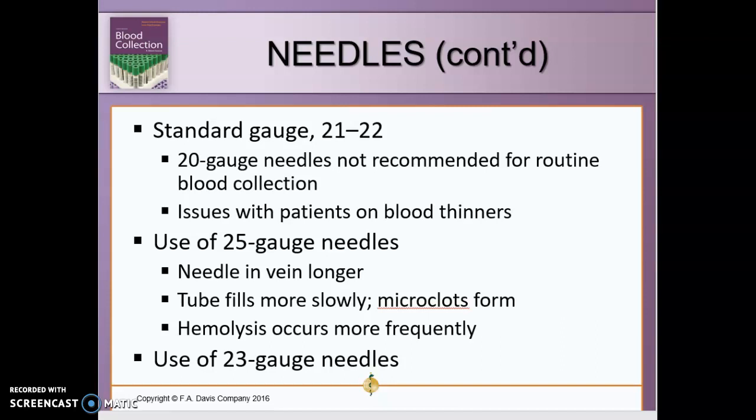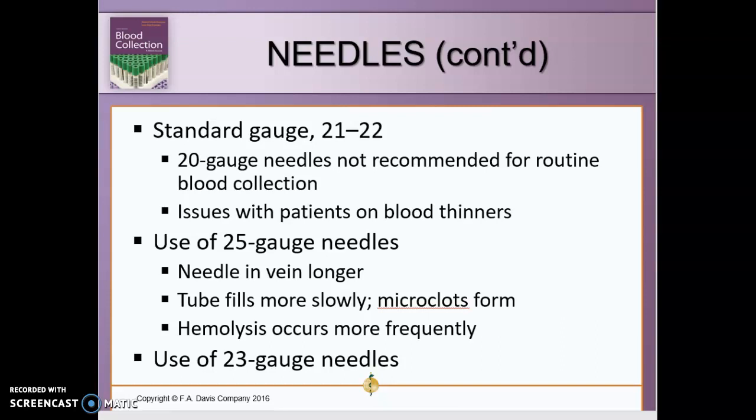So 23 gauge needles, we tend to use these with small volumes or partial draws. Collecting a large evacuated tube using a 23 gauge needle may cause a hemolyzed sample.